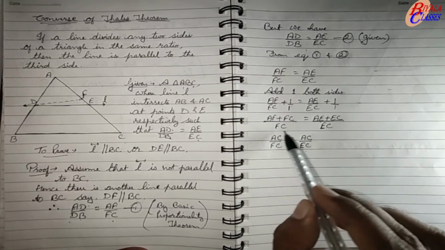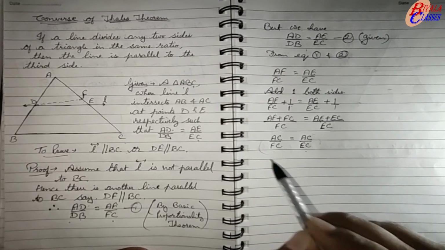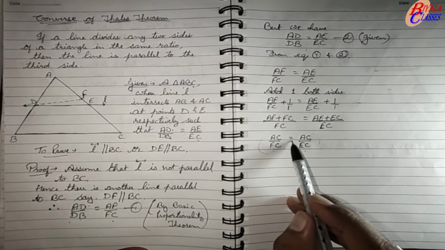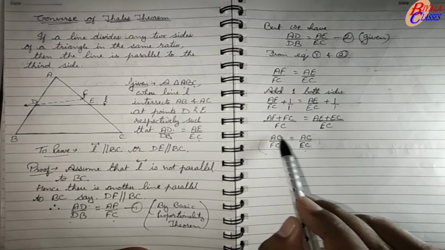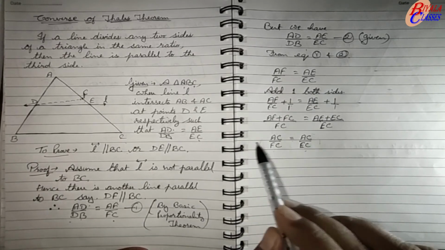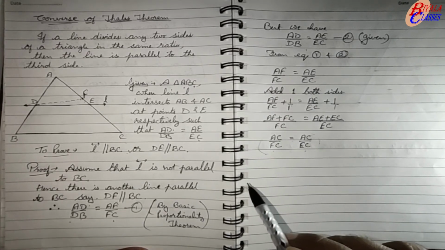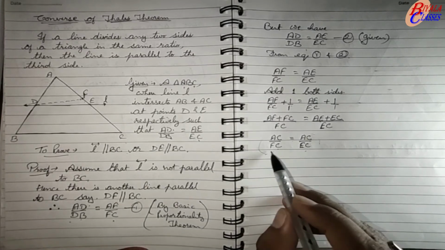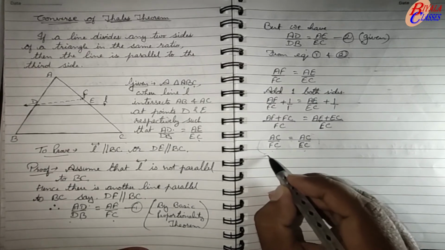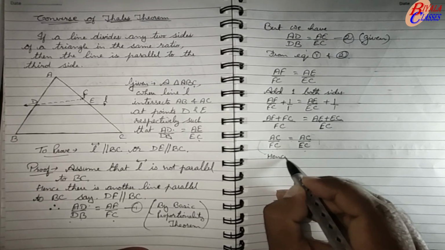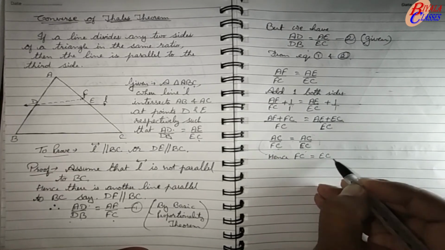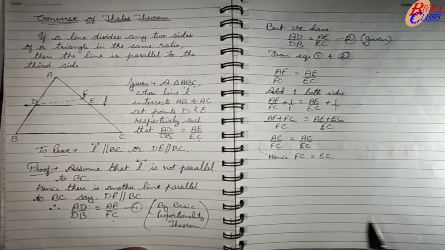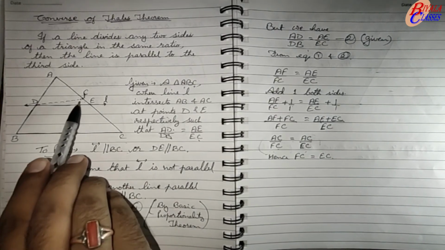Now if you see these two sides, the two ratios have a sign of equal to, which means the ratios are equal. And the numerators of these two ratios on both sides are also equal. Therefore the denominators should also be equal. So we have that FC is equal to EC. Now come back to the figure.